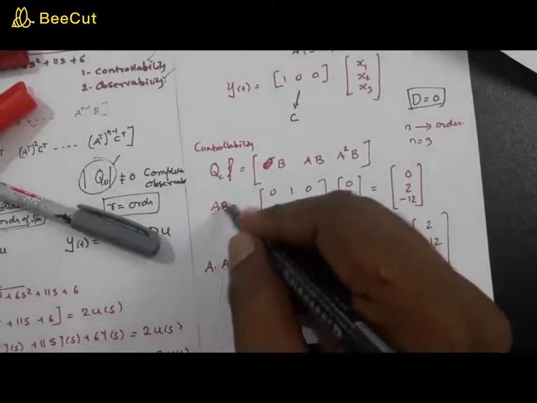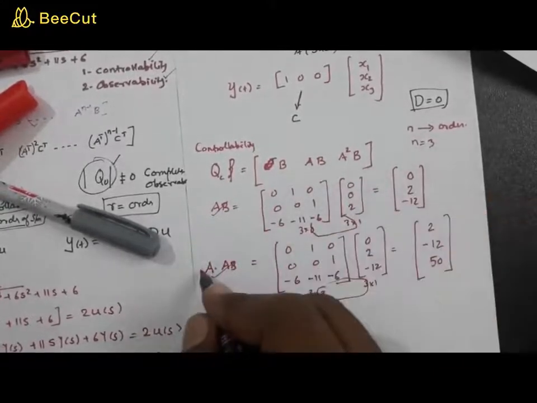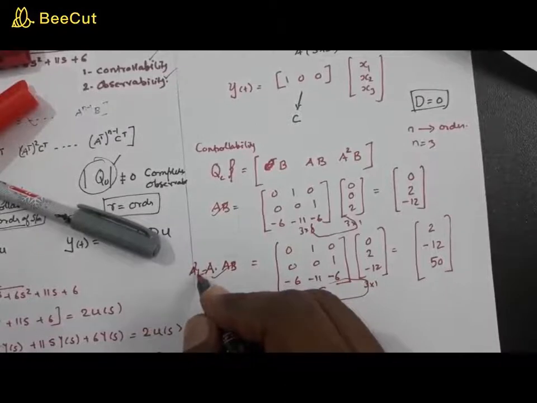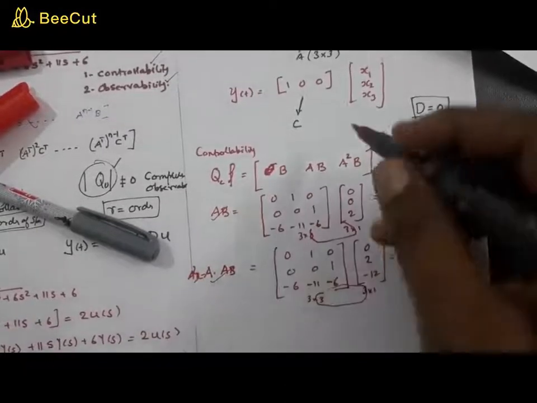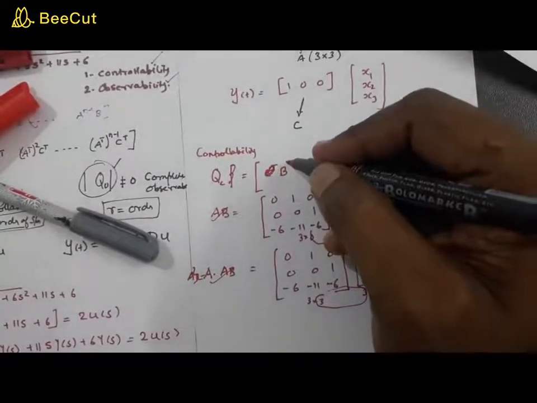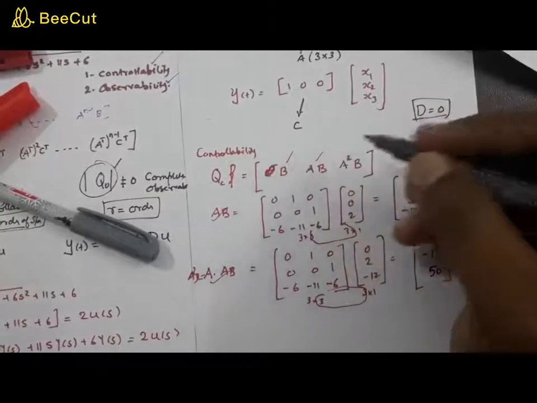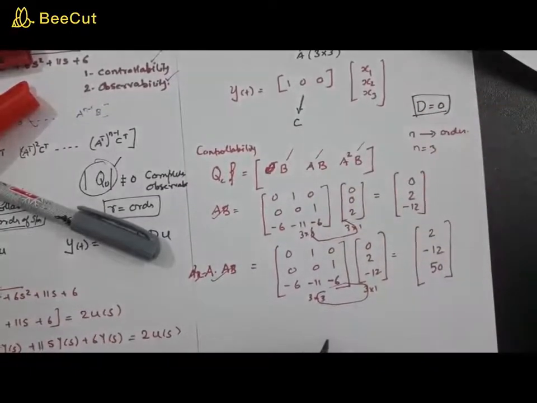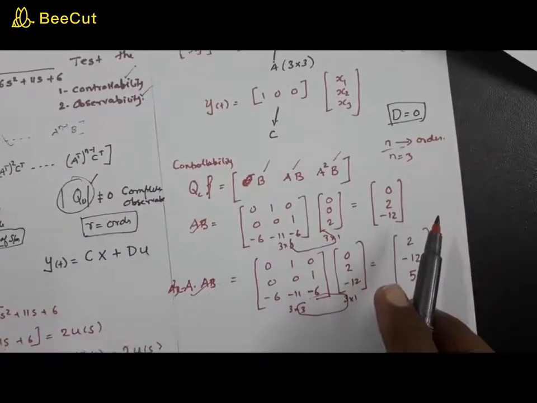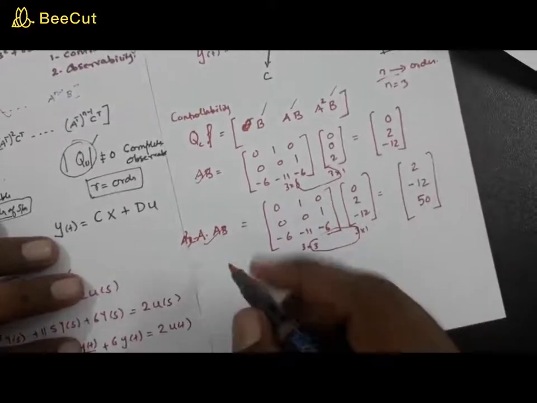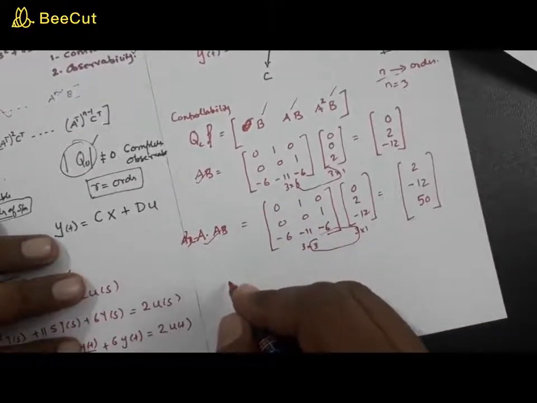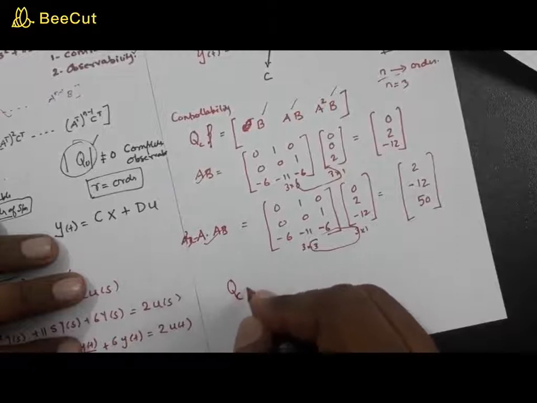So you got AB, then you have A square B. So this is the third column. So you have B, the first column, second column is AB, third column is A square B. Now you can develop this composite matrix QC.